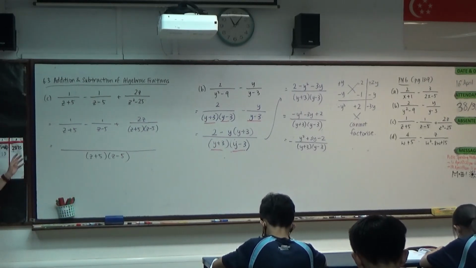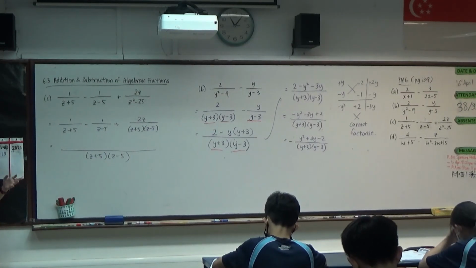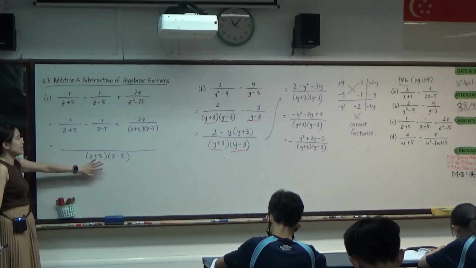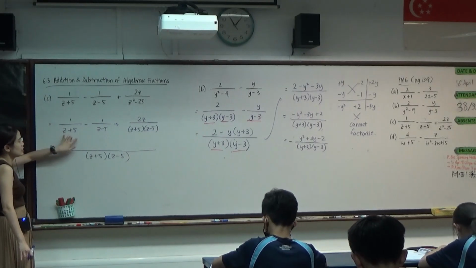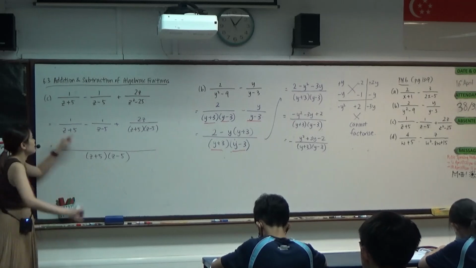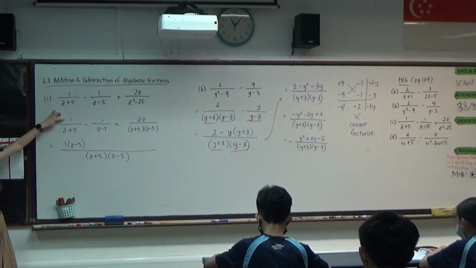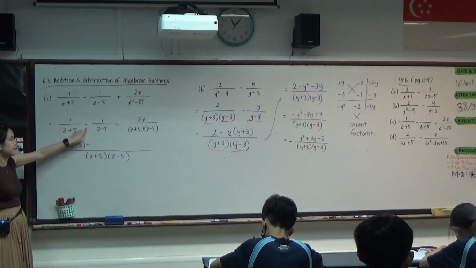So we're now tackling three fractions together. The concept remains the same. It just means it's slightly more tiring because there are three of them. If I have my denominator to be this, let's look at it one by one. For the first one, you need to multiply with a z minus 5. So 1 times z minus 5, followed by the minus sign that comes with the question.